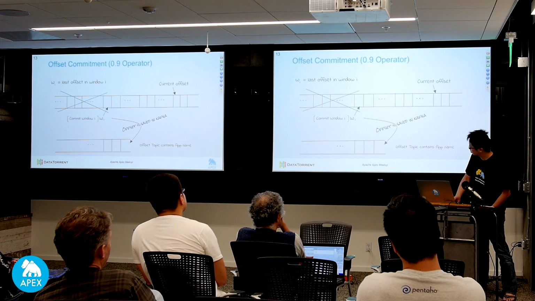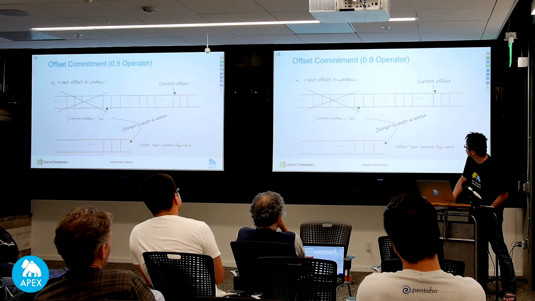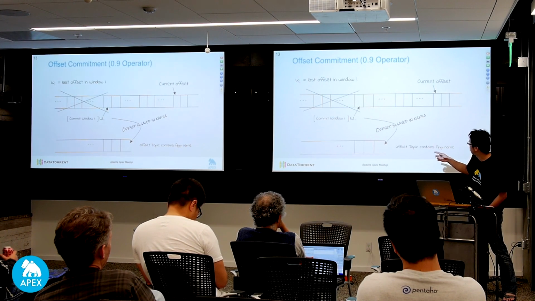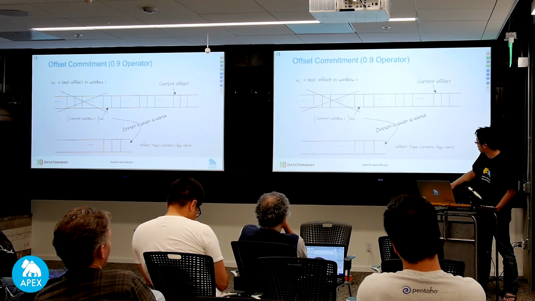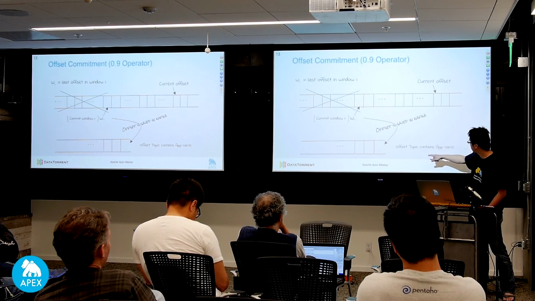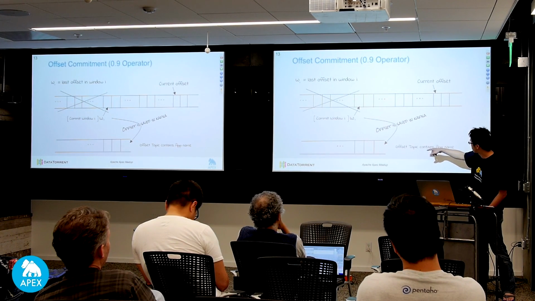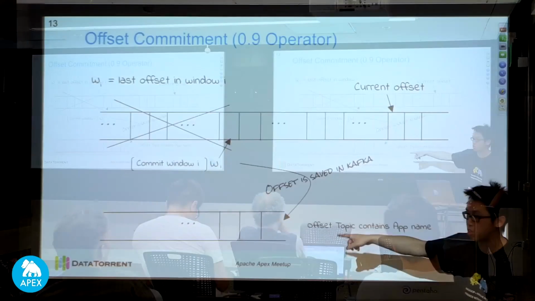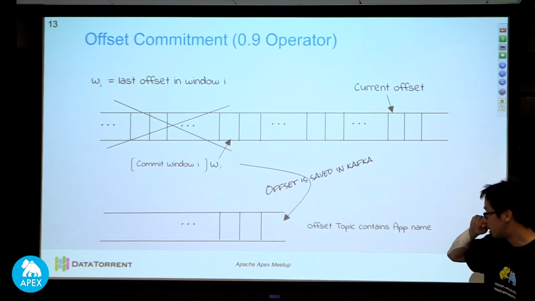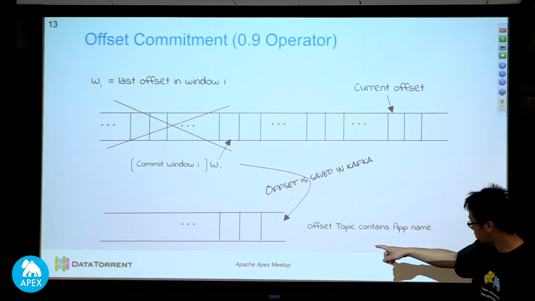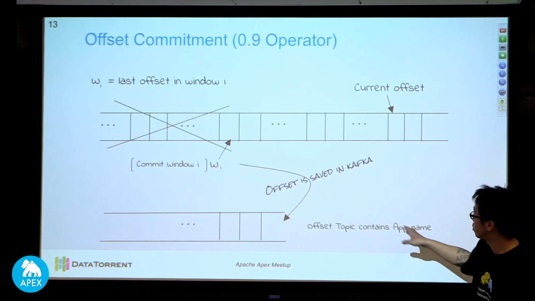The first part is still the same, but for the second part, each consumer instance will just call that commit method, and the commit method in the Kafka consumer actually saves the offset into another Kafka topic, and the topic will contain the application name.